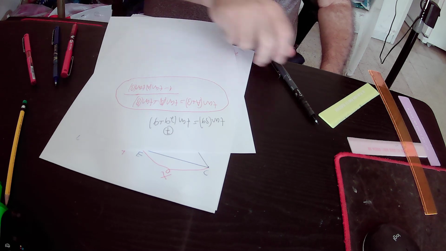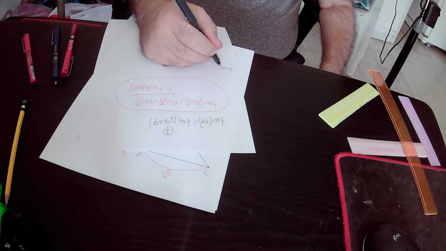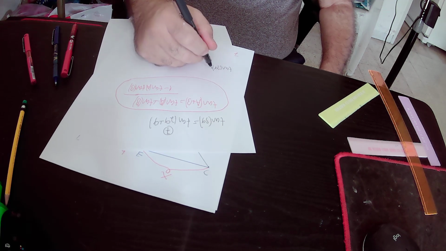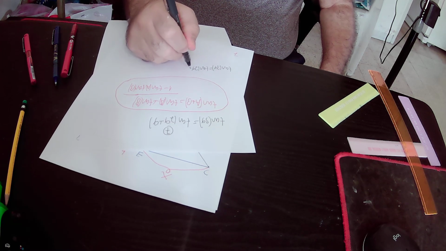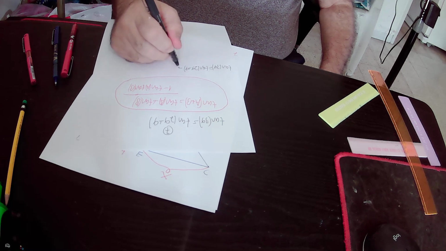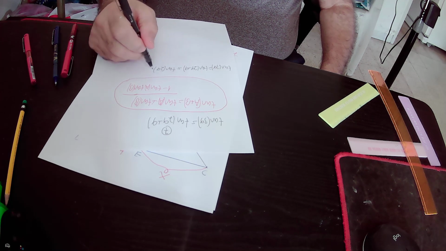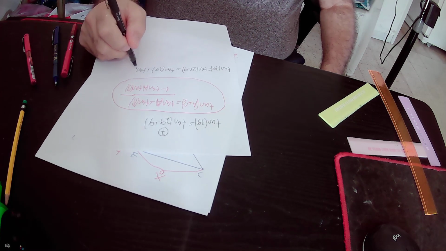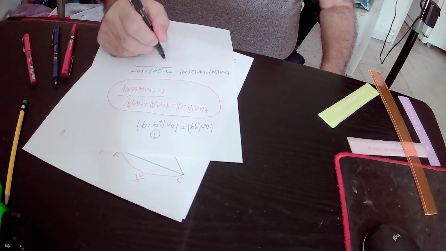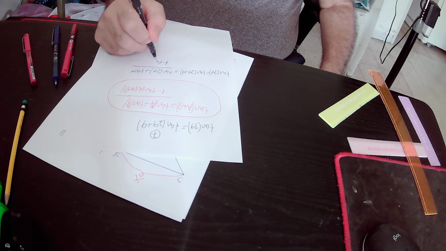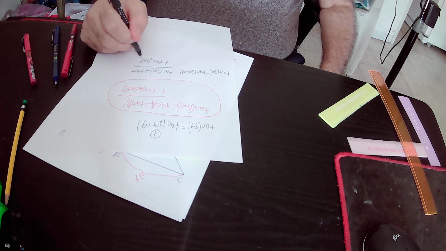So we will get that tangent 3 alpha actually equals tangent 2 alpha plus alpha, which equals tangent 2 alpha plus tangent alpha over 1 minus tangent 2 alpha times tangent alpha.